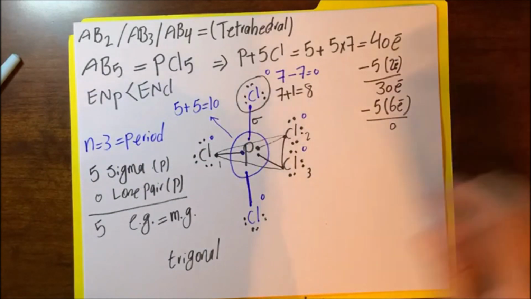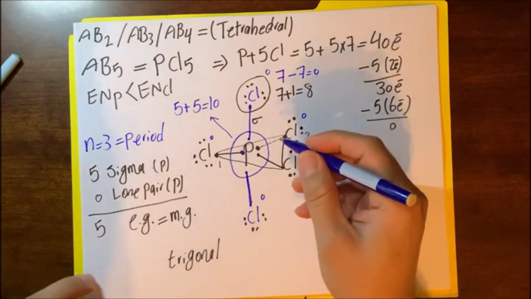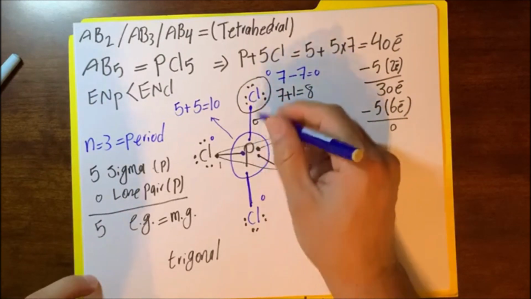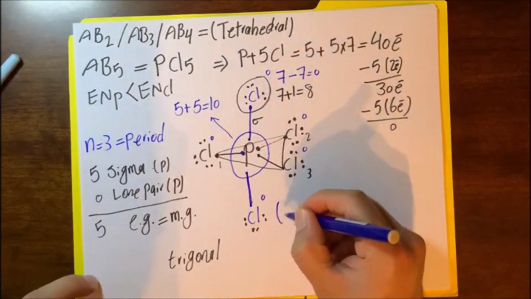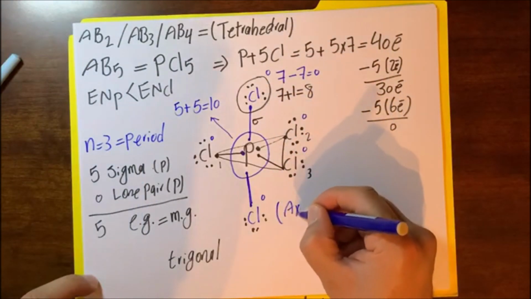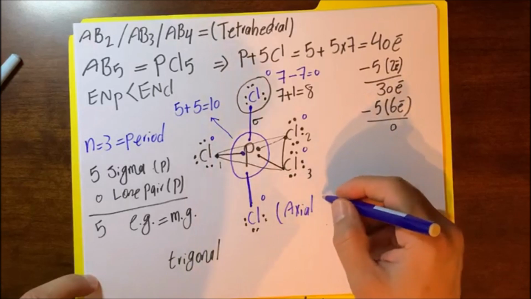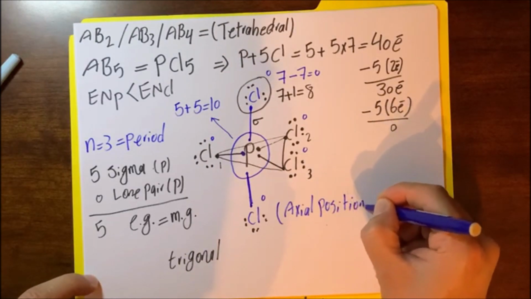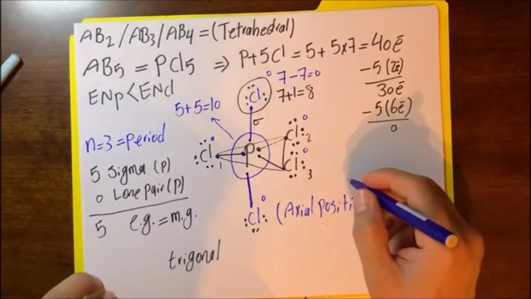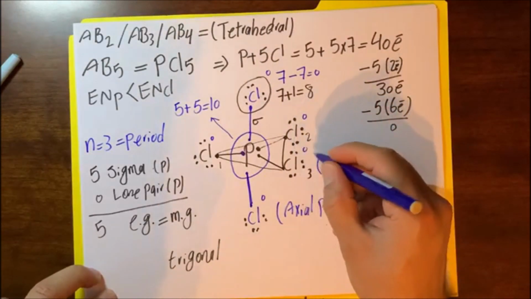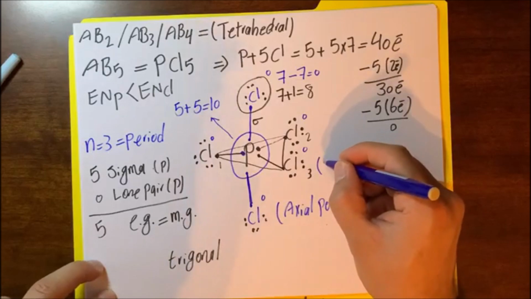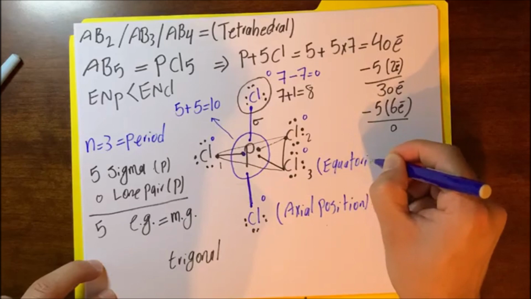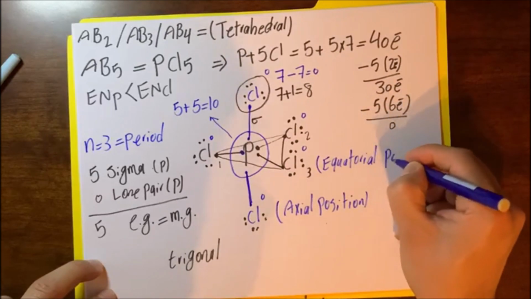And next thing, any of these axial chlorines are taking the axial position, and chlorine number 3 or 2, they are taking the equatorial position.